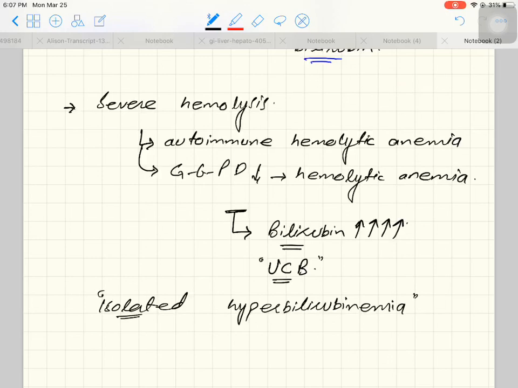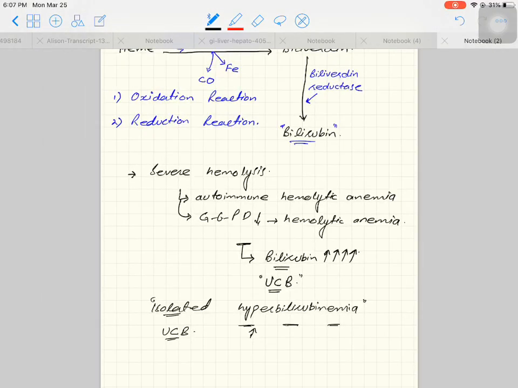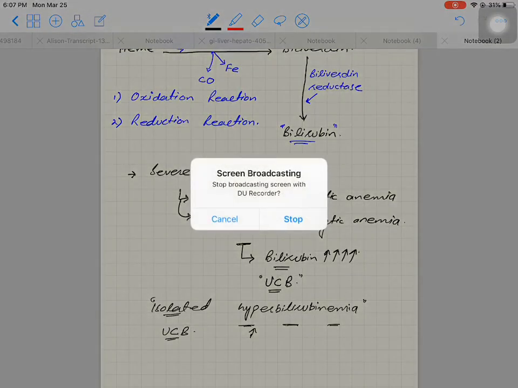Why isolated? Because only unconjugated bilirubin is in excess in the blood. So this is about the production of bilirubin. Next we will discuss the uptake of bilirubin.